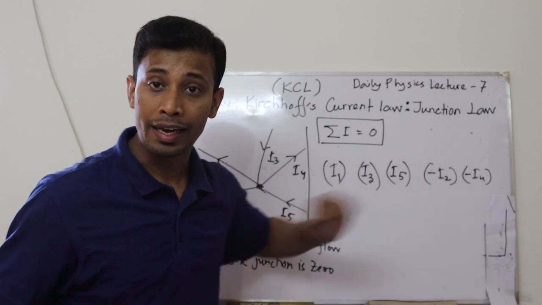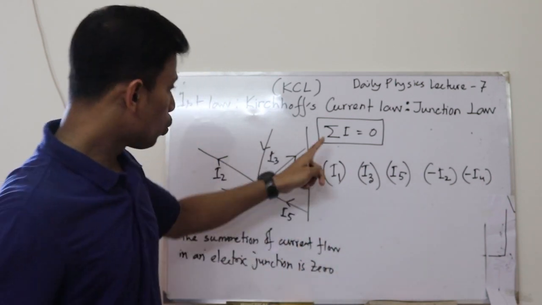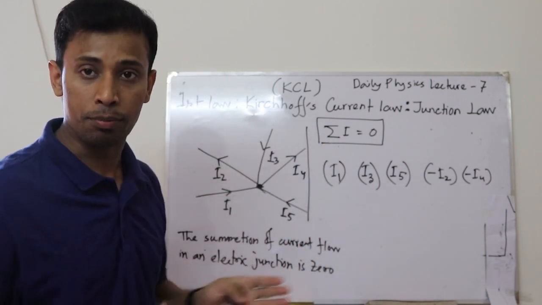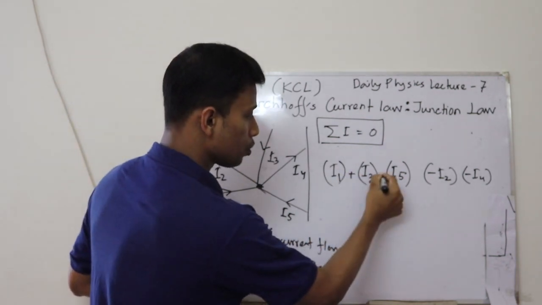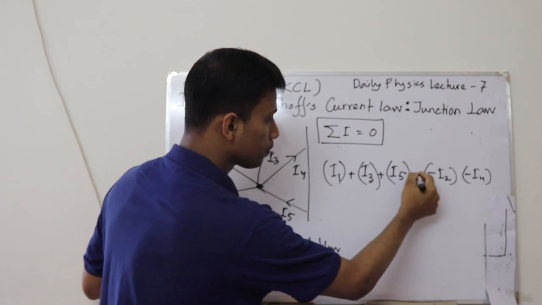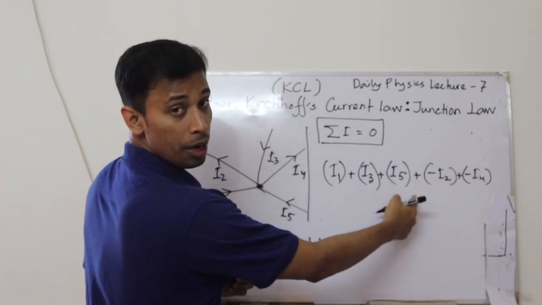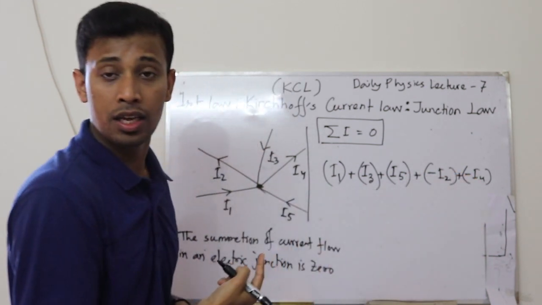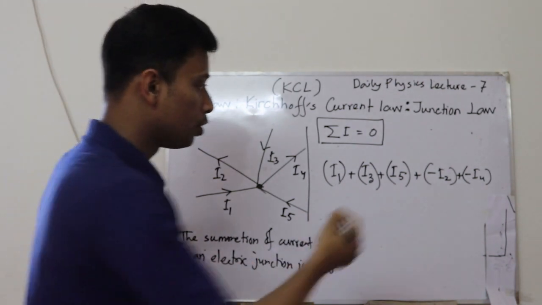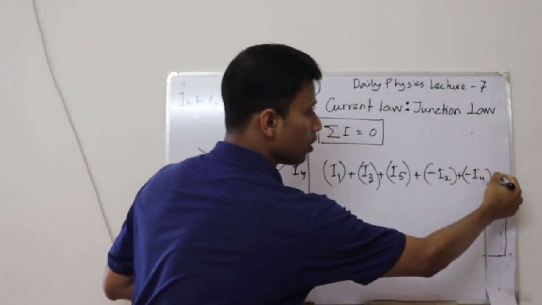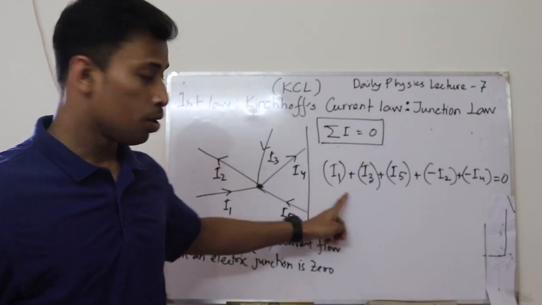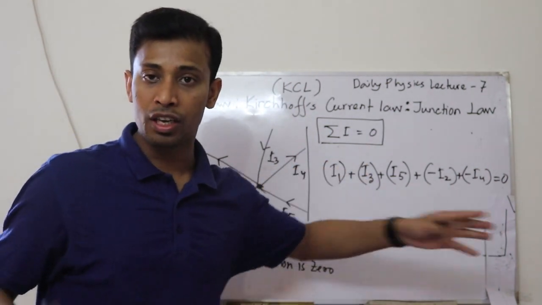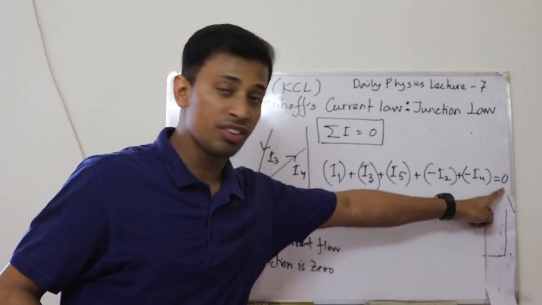These 2 are negative, and we have to take the summation, that means we will have to put the addition signs. Sum all of them. These 3 are positive, these 2 are negative. So if you take the summation, then the summation equals 0. All 5 currents, if we sum them, the result will be 0.